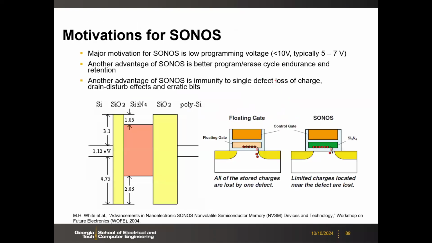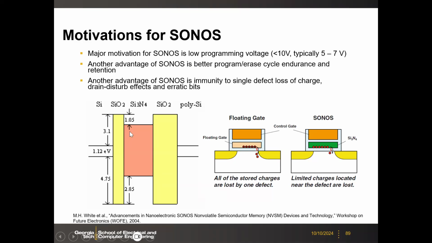So here, if you look at the motivation, in the 2D NAND, or let's say even 2D NOR flash, if you change from the polysilicon floating gate to the SONOS structure, you could have lower programming voltage, and could potentially offer longer endurance cycles and better retention.